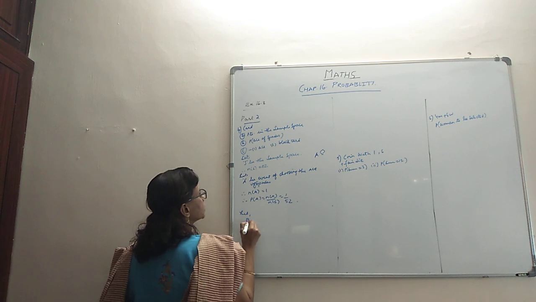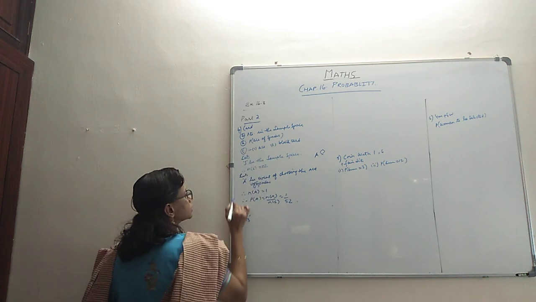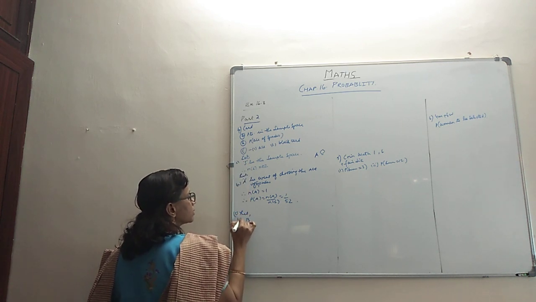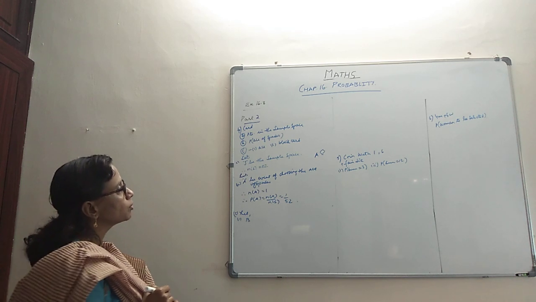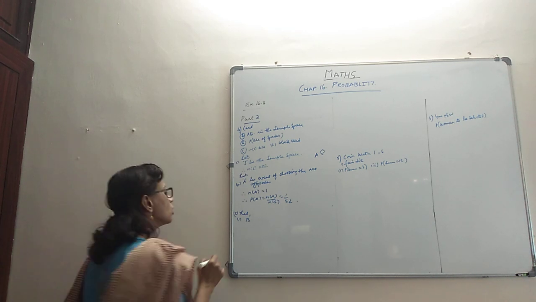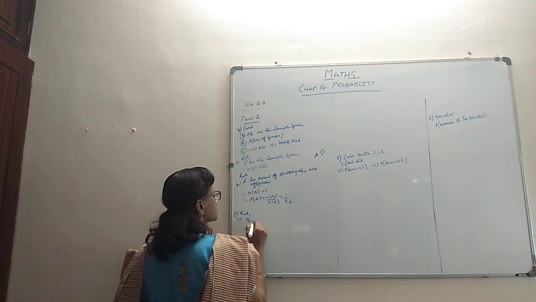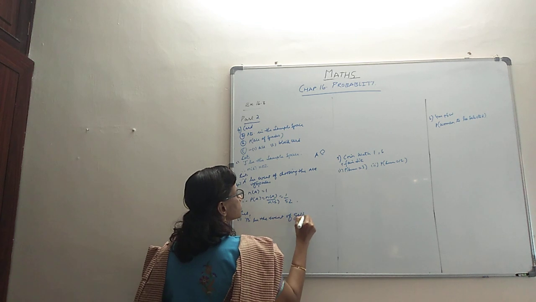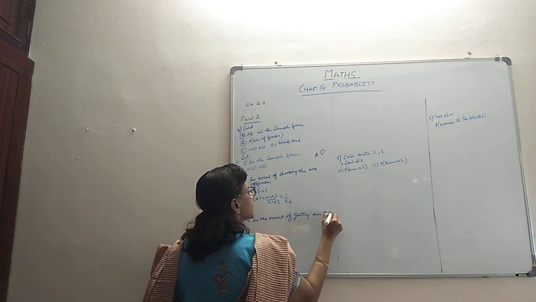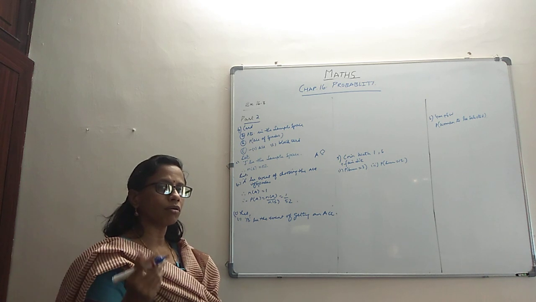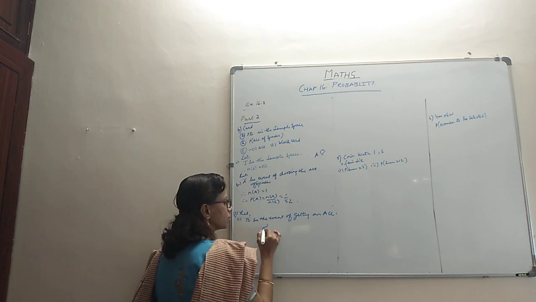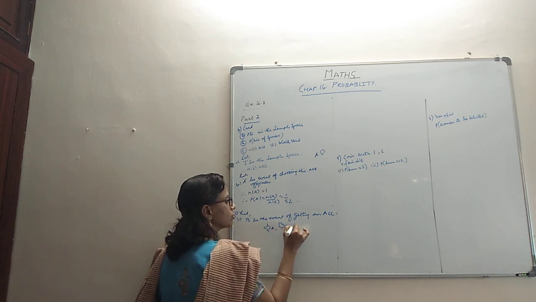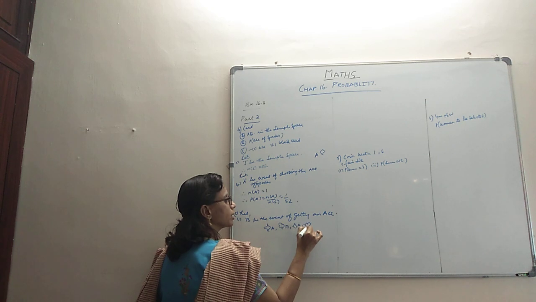See, this is the B subpart, this is the A subpart, and this is the C subpart. First they say that you find out the probability of getting an ace. So let B be the event of getting an ace. Getting an ace means you can get any ace. You can get the spade ace, you can get clubs ace, you can get the diamond ace, or you can get the heart ace.